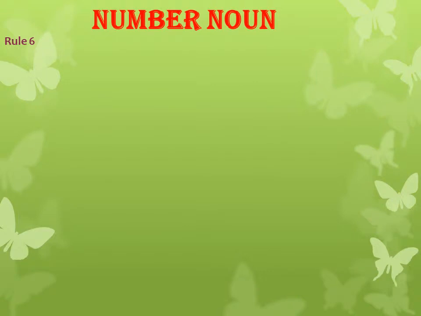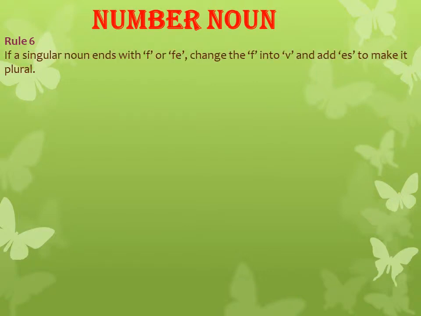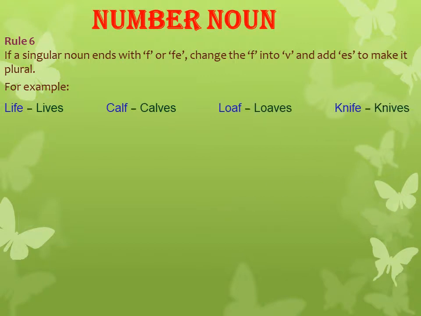Rule 6. If a singular noun ends with f or fe, change the f into v and add s to make it plural. For example, life, lives, calf, calves, loaf, loaves, knife, knives.